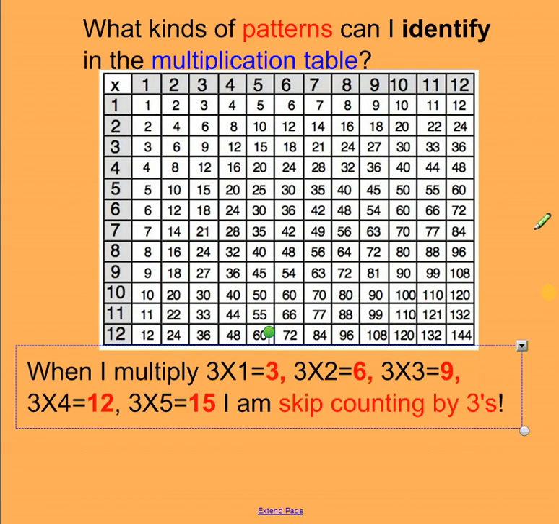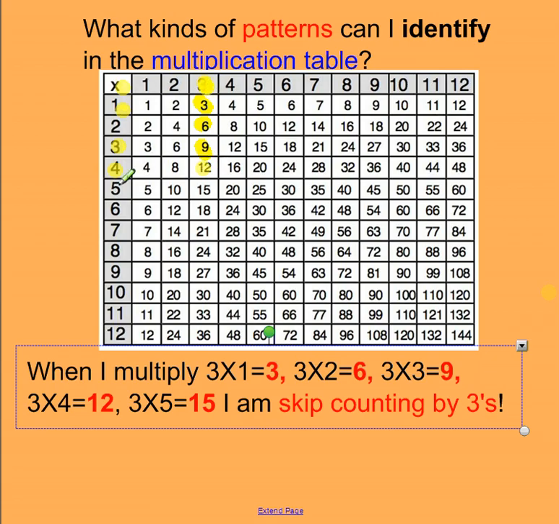Another pattern that you can identify in a multiplication table, we can use the 3s as an example. If I multiply 3 times 1, that equals a product of 3. 3 times 2 equals a product of 6. 3 times 3 equals a product of 9. And 3 times 4 is a product of 12.